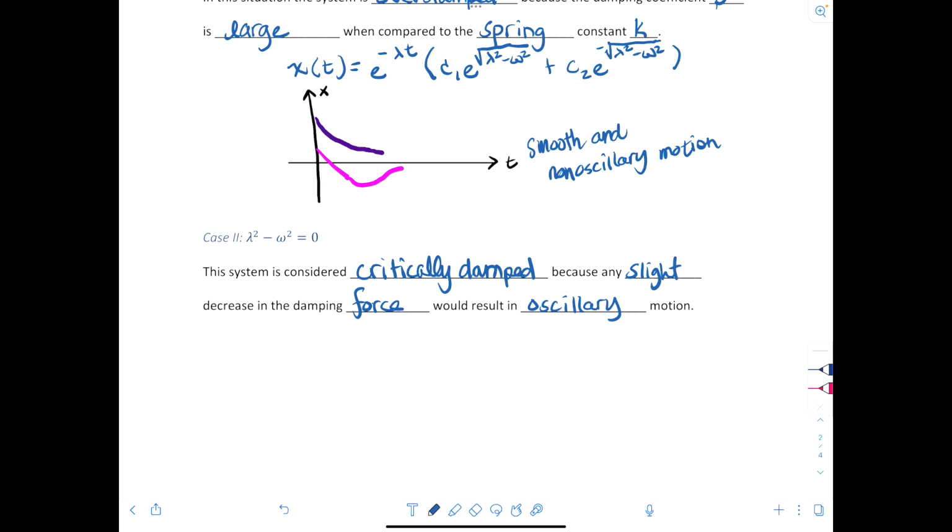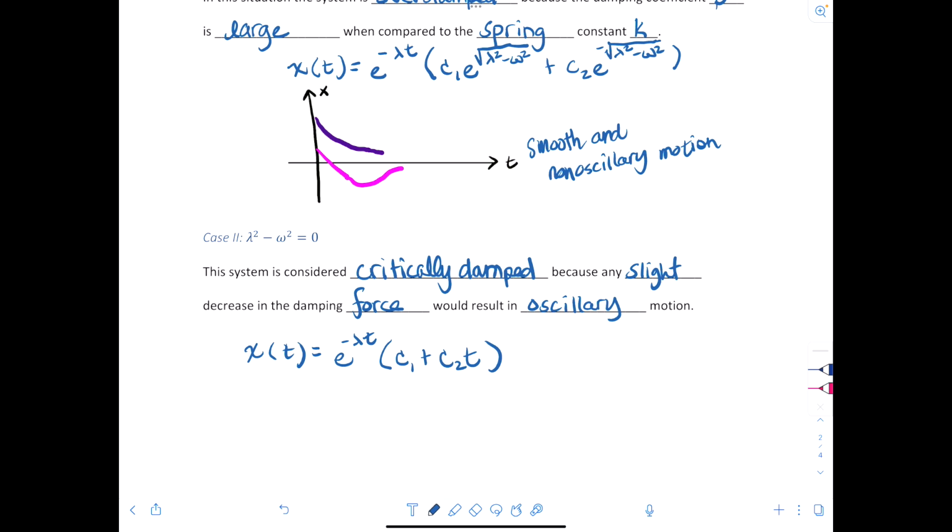So you have x at t is equal to e to the negative lambda t, and then we get c1 plus c2 times t. We'll have a multiplicity of 2 for our result.